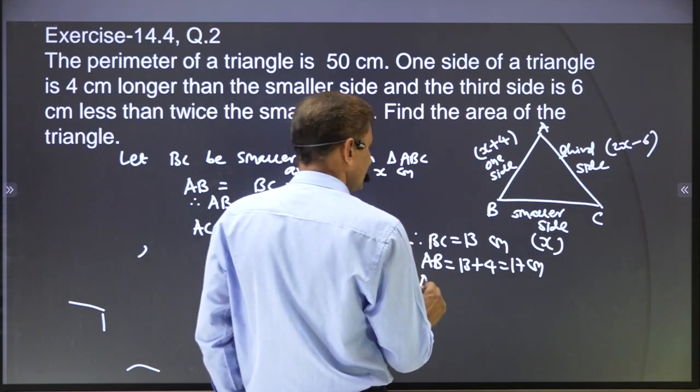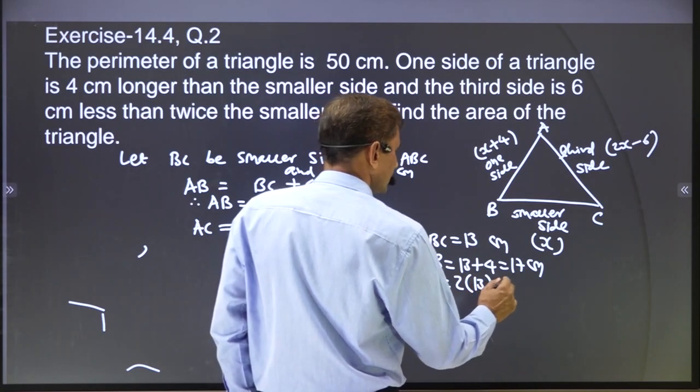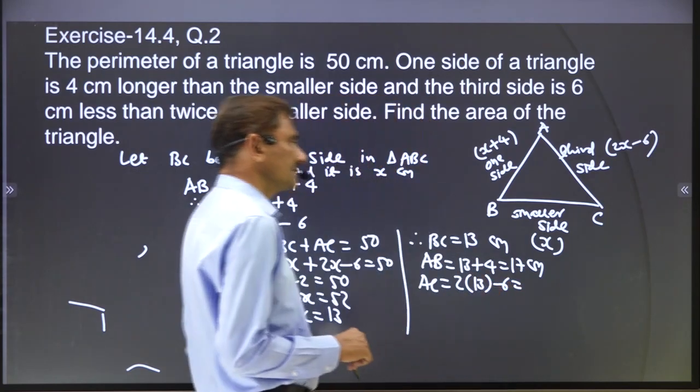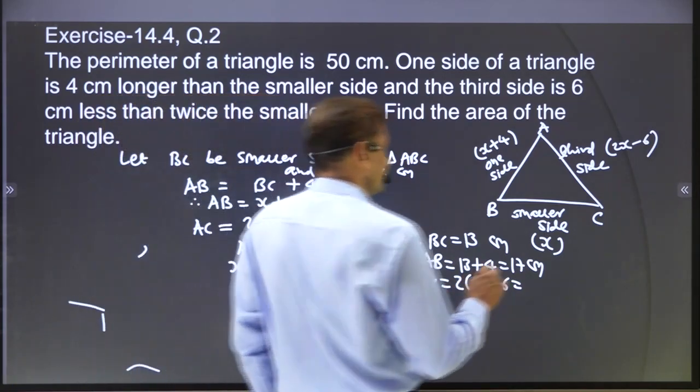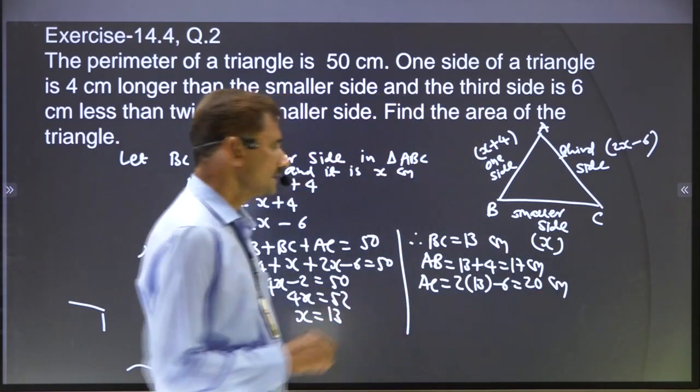And AC equal to 2x minus 6. So 13 twos are 26, 26 minus 6, 20 centimeter. Okay, so these are the sides.